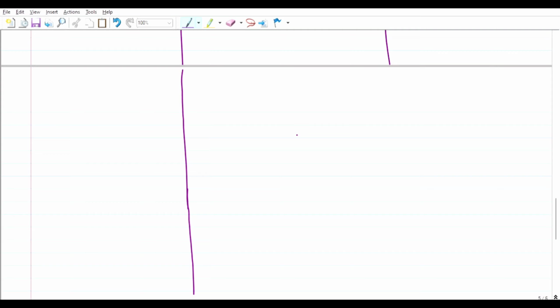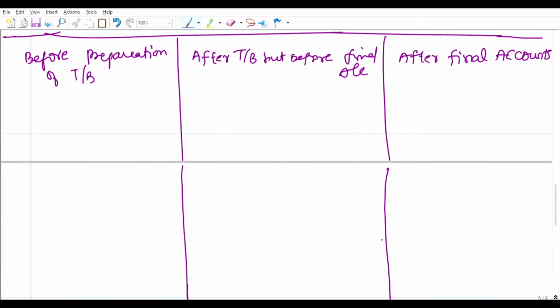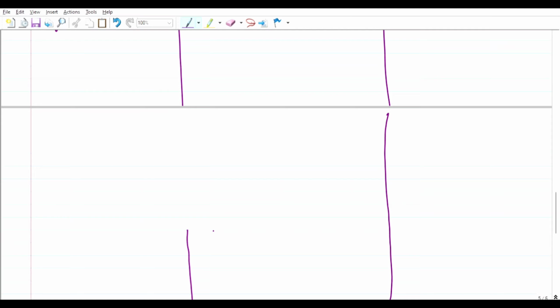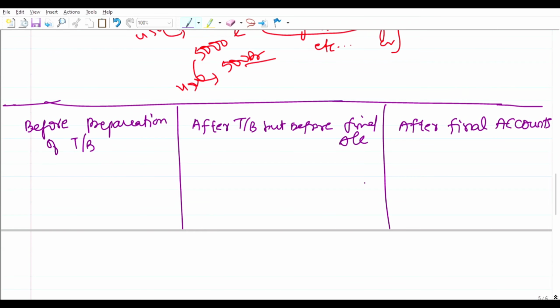We are going to see some entries and some examples later. First we have to understand how we rectify these errors in these stages. Before preparation of trial balance is nothing but the stage where the debit items and credit items are not yet posted.